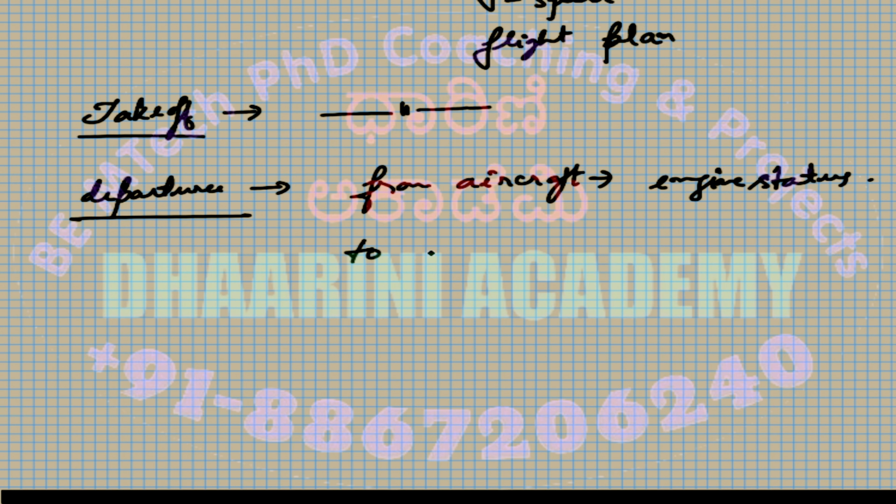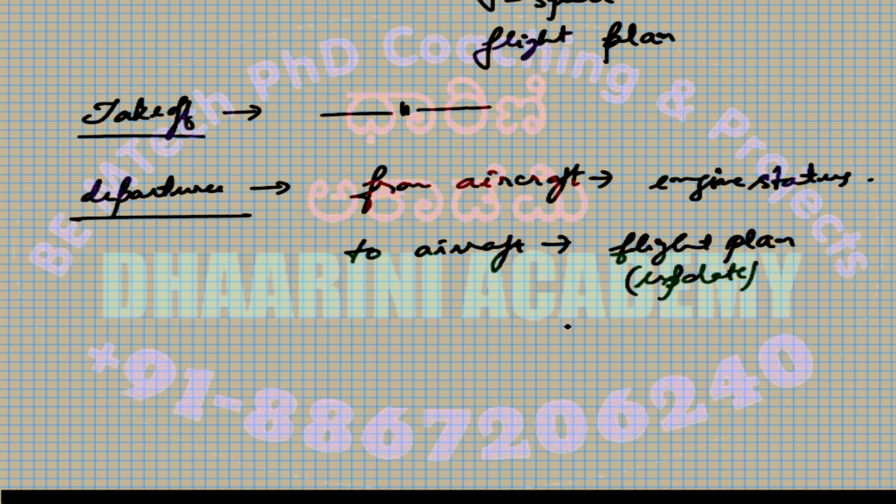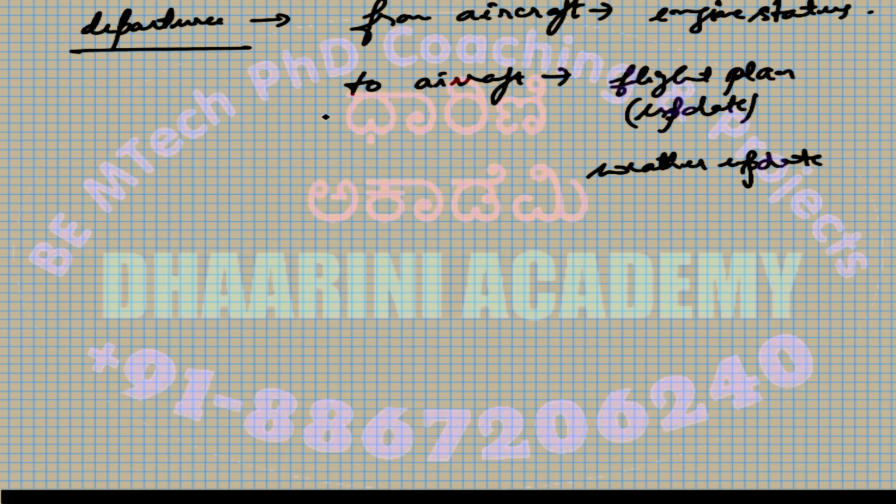So to the aircraft, it is the flight plan, and it's an update. Only if there is an update, normally this is used. Otherwise, the most common message is weather. Weather update, right? This is during the departure.